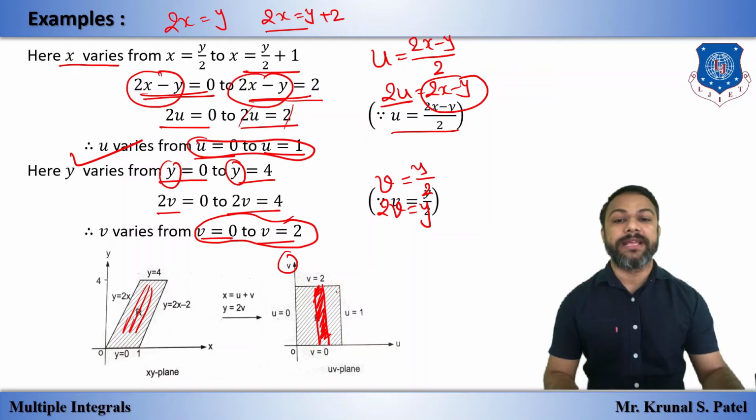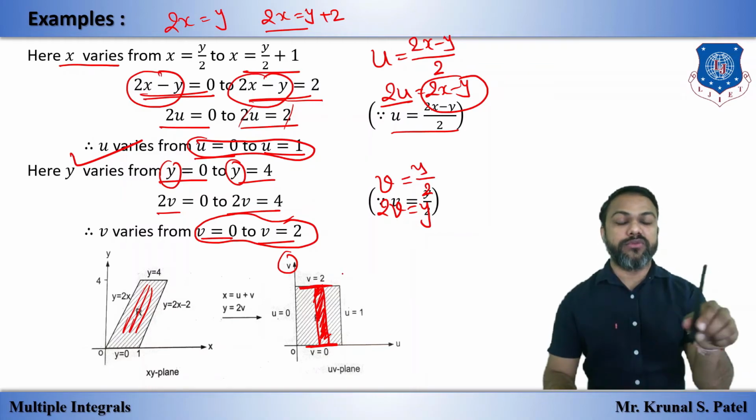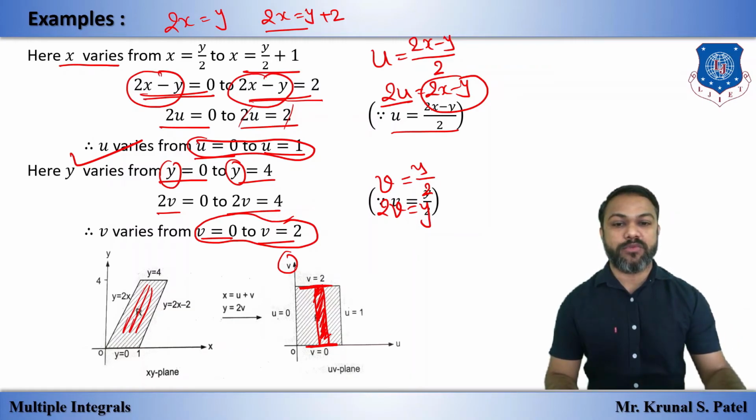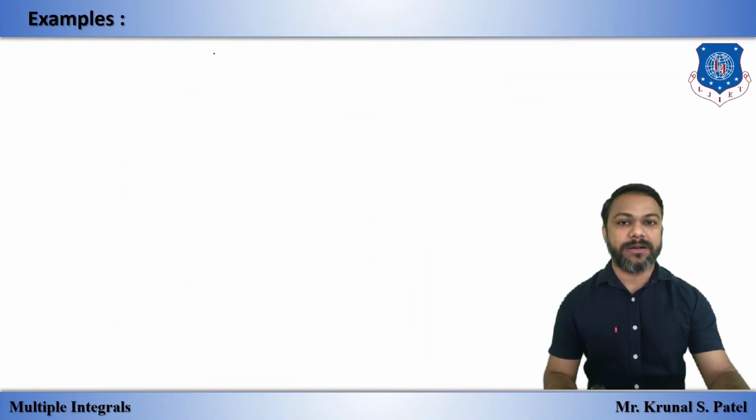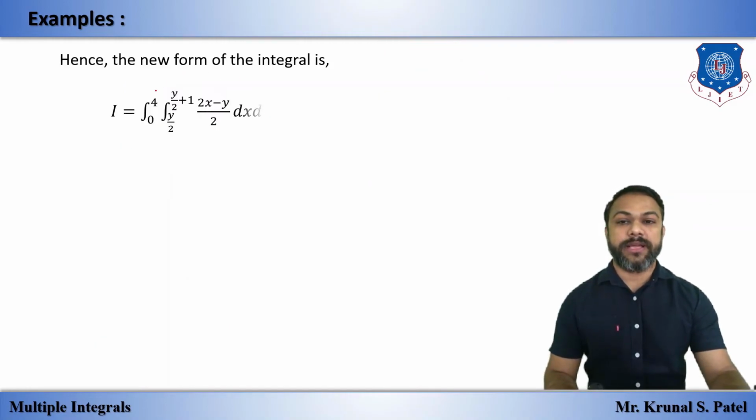V instead of y. So make v the subject from here and here, so v goes from 0 to 2, and if we move this v along the u axis, u goes from the leftmost side, u = 0 to u = 1. So the new limits become this. This is the old region and the new one becomes this.